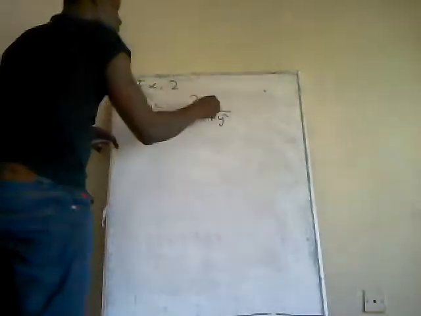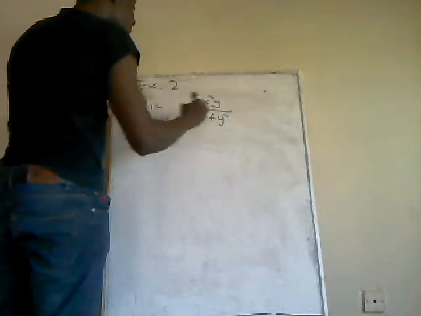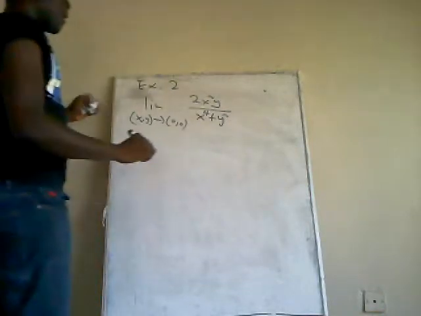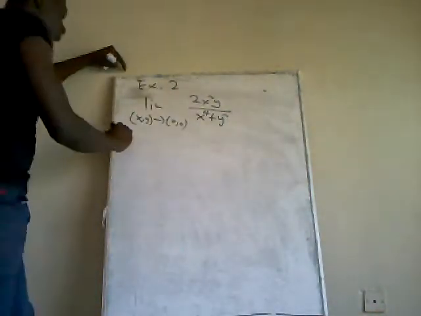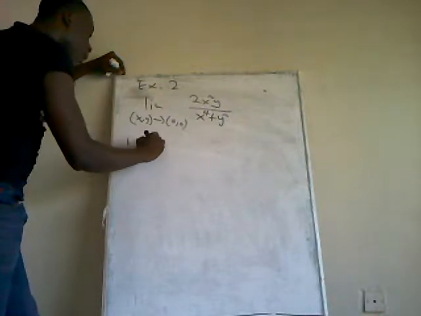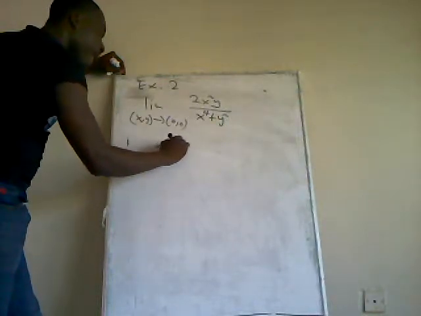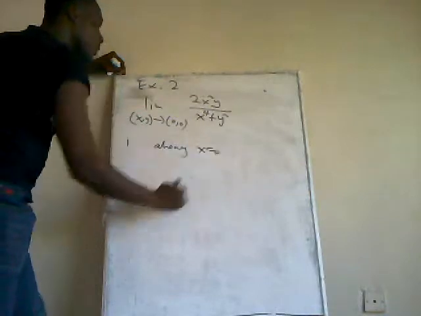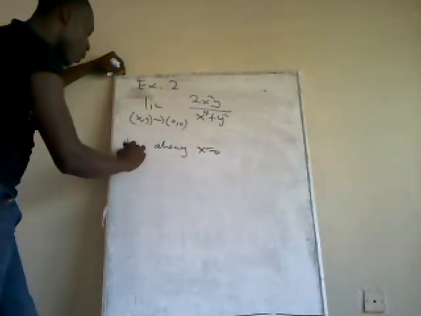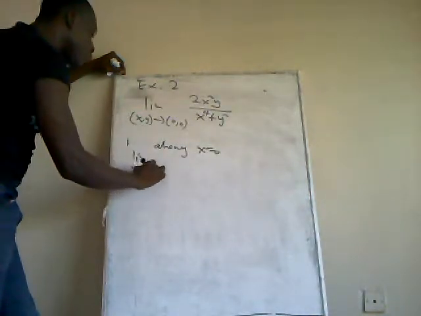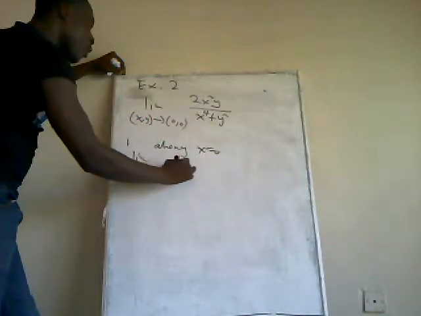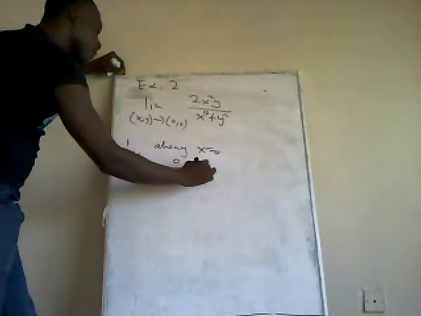Okay, so here is 4. If it is 4, then I check limits along x is equal to 0. Along x is 0, I'm going to have the limit as y goes to 0 of 0 over y squared, which is 0.